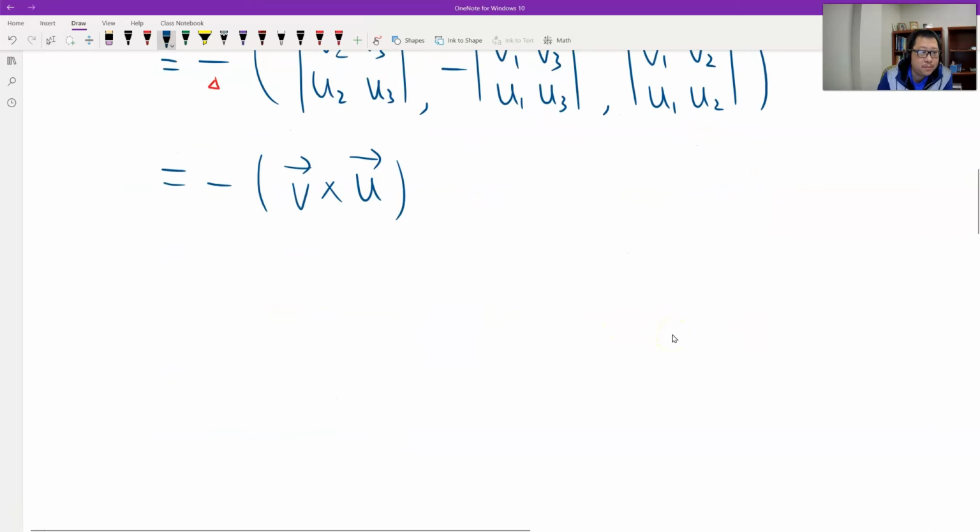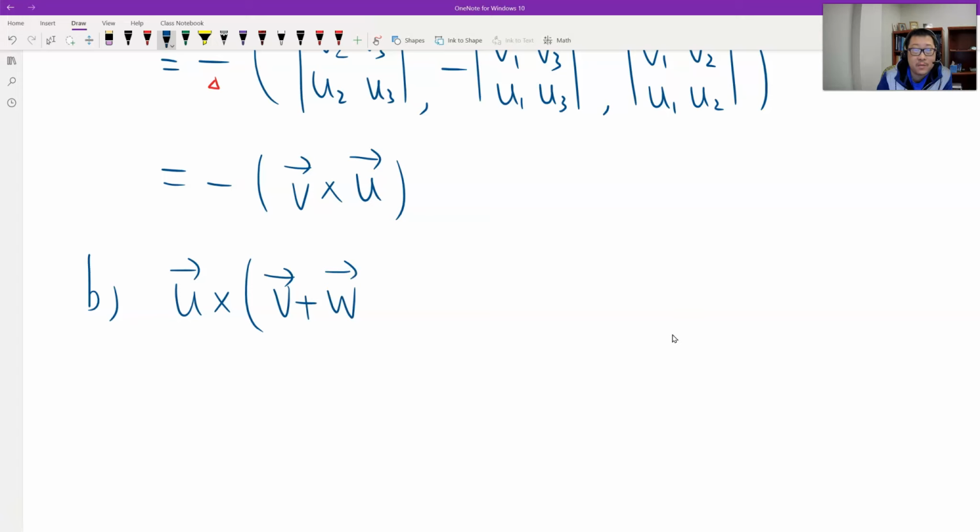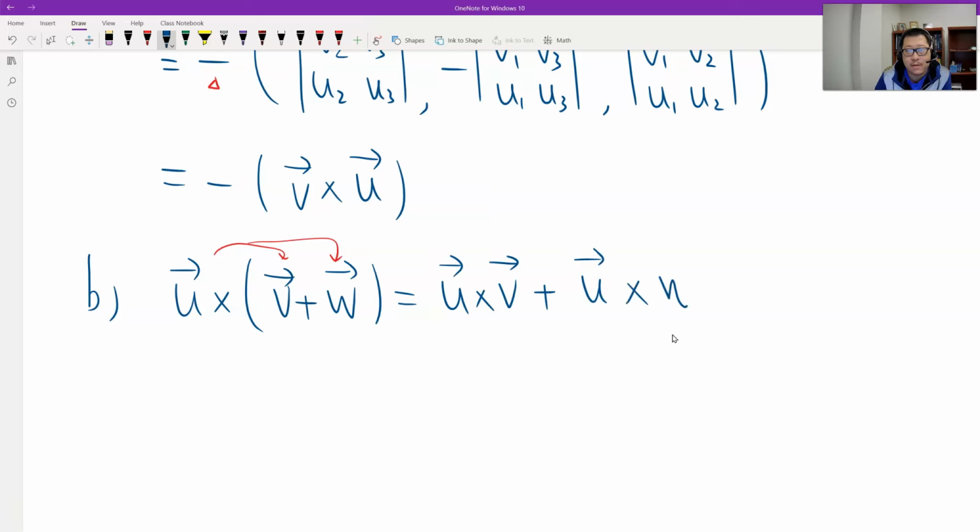Let's verify B: U cross (V plus W). We can distribute, right? Therefore, we have U cross V plus U cross W. Okay, see, distributive works.